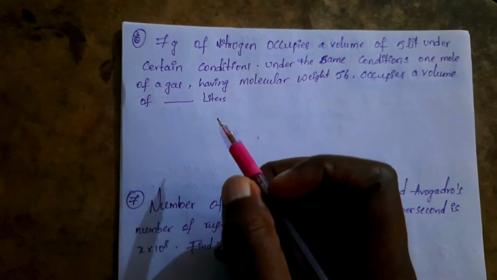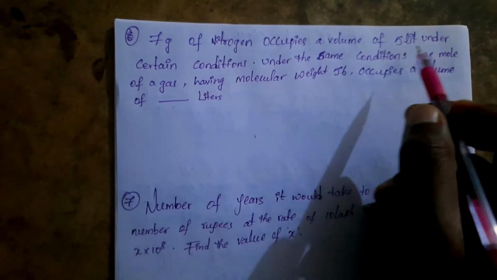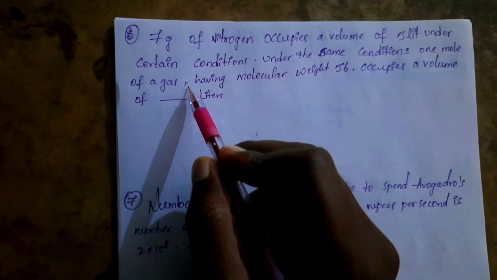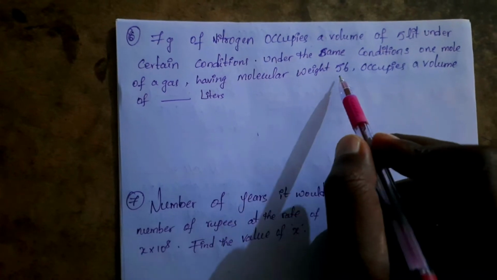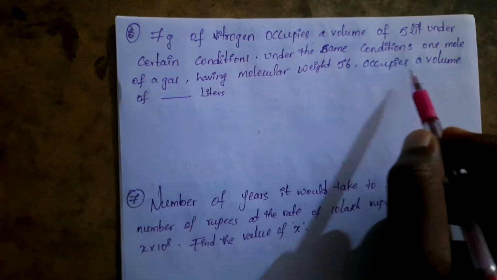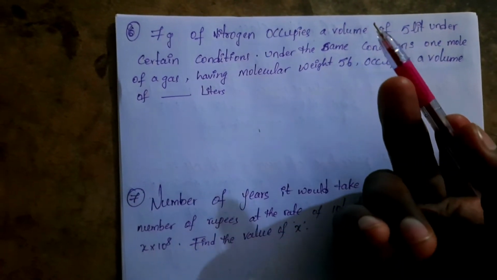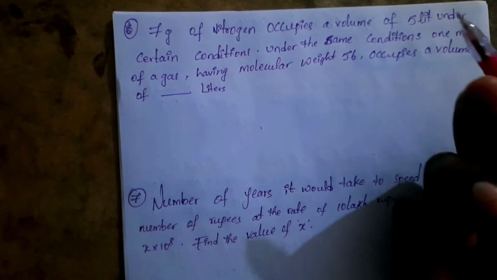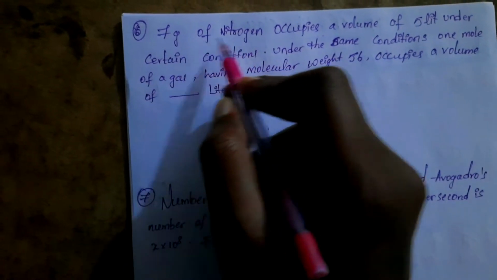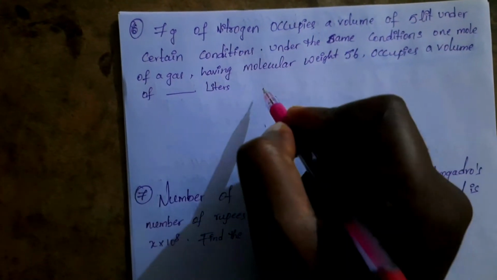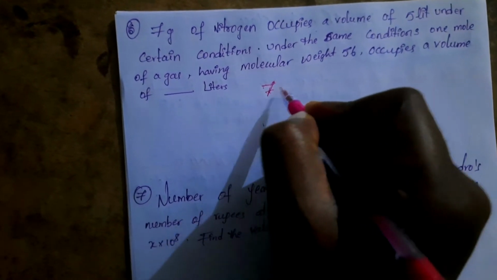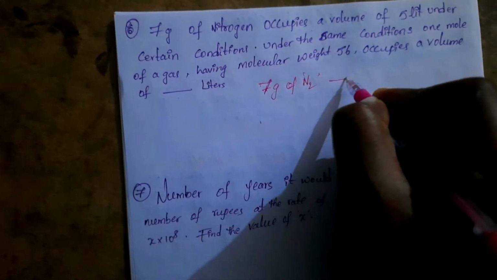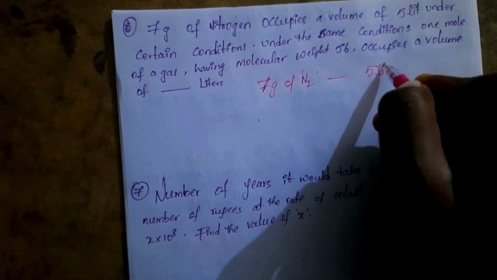7 grams of nitrogen occupies a volume of 5 liter under certain condition. Under the same condition, 1 mole of gas having molecular weight 56 occupies a volume of dash liters, they are saying. Now you see here, 7 grams of N2 occupies 5 liter.